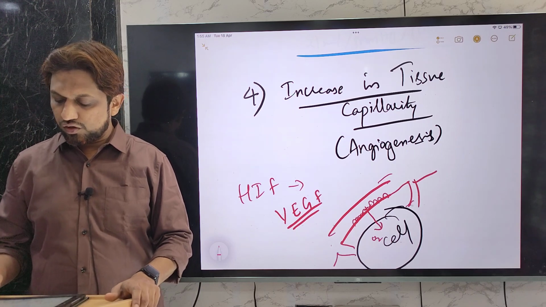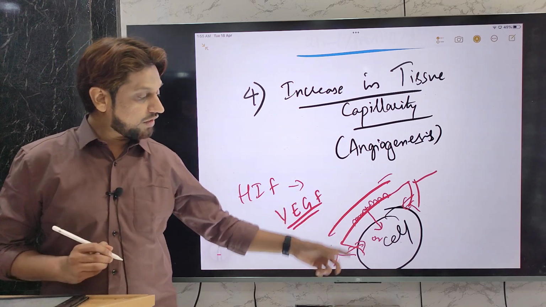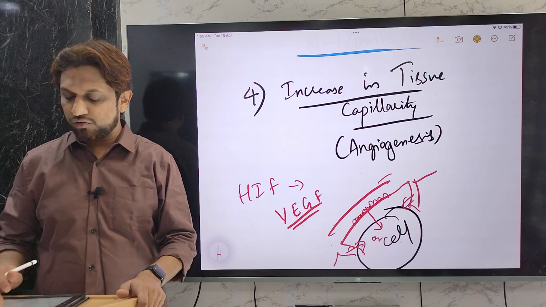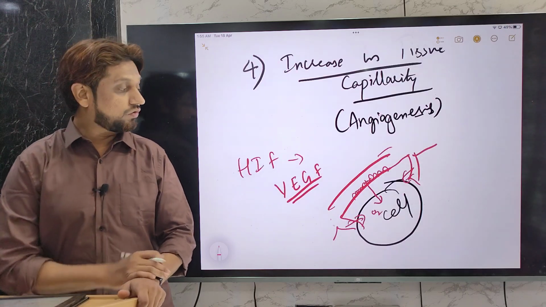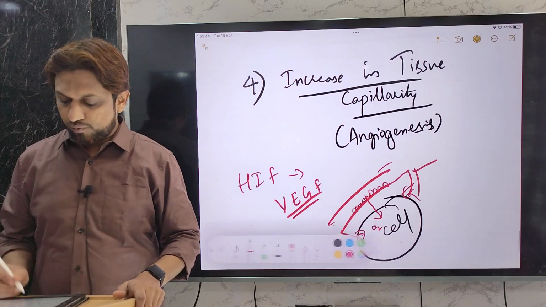Because of the formation of new capillaries, more oxygen can be delivered to the cells because of the increased tissue capillarity. Again, the mechanism is due to the hypoxic inducible transcription factors. Okay, so this is the fourth important point.